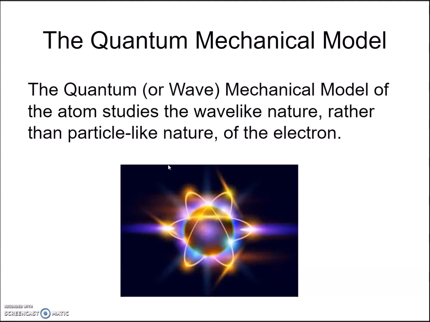All matter, even larger pieces of matter, have at least some wave-like nature. And honestly, we've not quite grasped, even at this point, the full consequences of the wave-like nature of matter. There is a lot of future research to be done in this area. But when coming to an understanding of the atom, the electron is a small enough particle that the wave-like nature does indeed matter, or have importance, I should say.